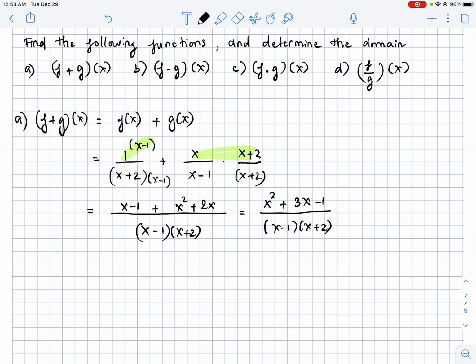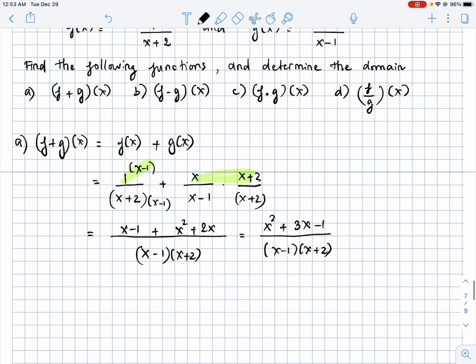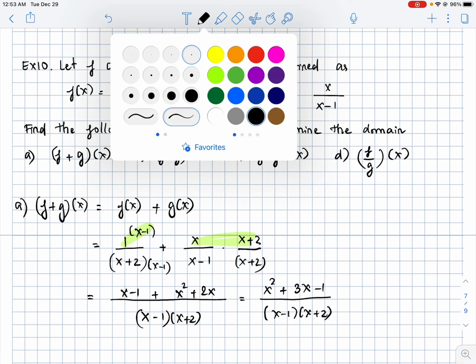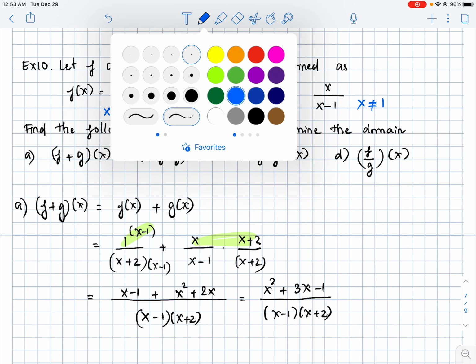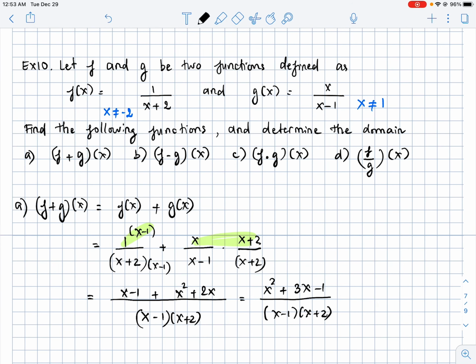The domain for this function is, let's look at the domain one by one. The domain for function f of x is all real numbers except for x equal to negative 2 because it has x plus 2 in the denominator. And for g, x not equal to 1.